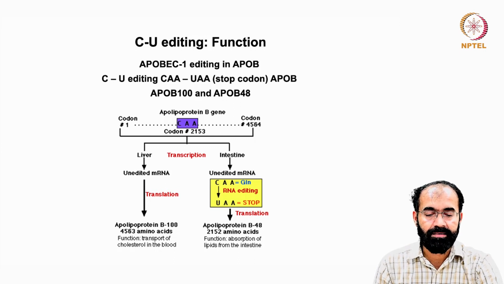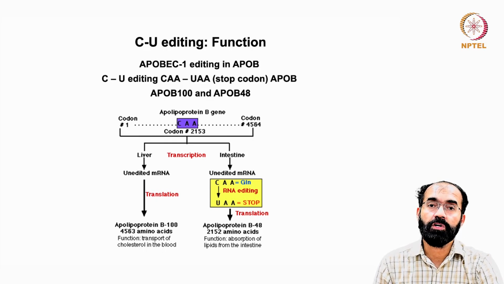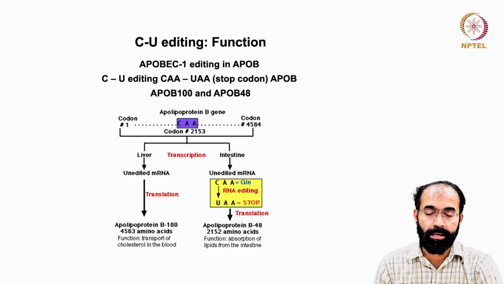Whereas in intestine, an unedited RNA is usually produced, which undergoes editing with the help of APOBEC, and this will introduce a stop codon, and this stop codon will stop the translation. So the mRNA will terminate its translation prematurely, and this apolipoprotein is apolipoprotein B48, which has around 2152 amino acids, and its function is totally different.